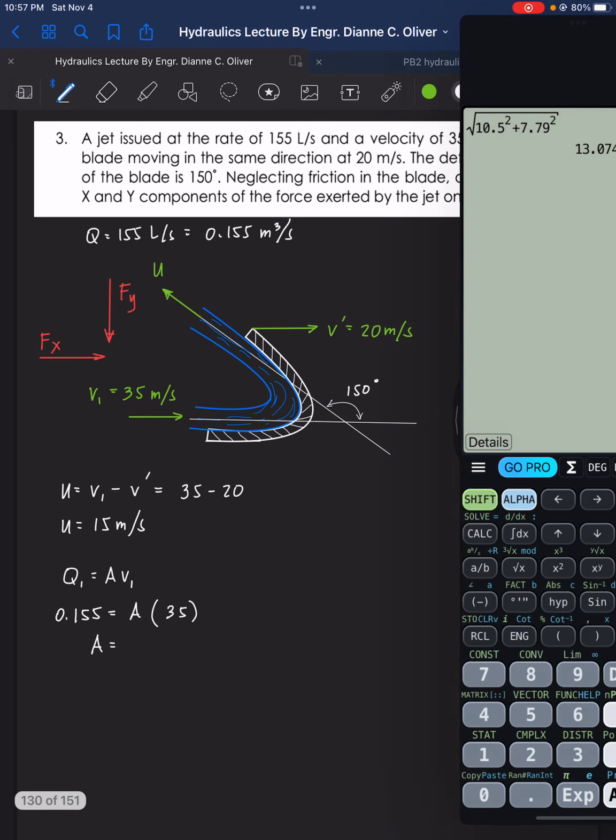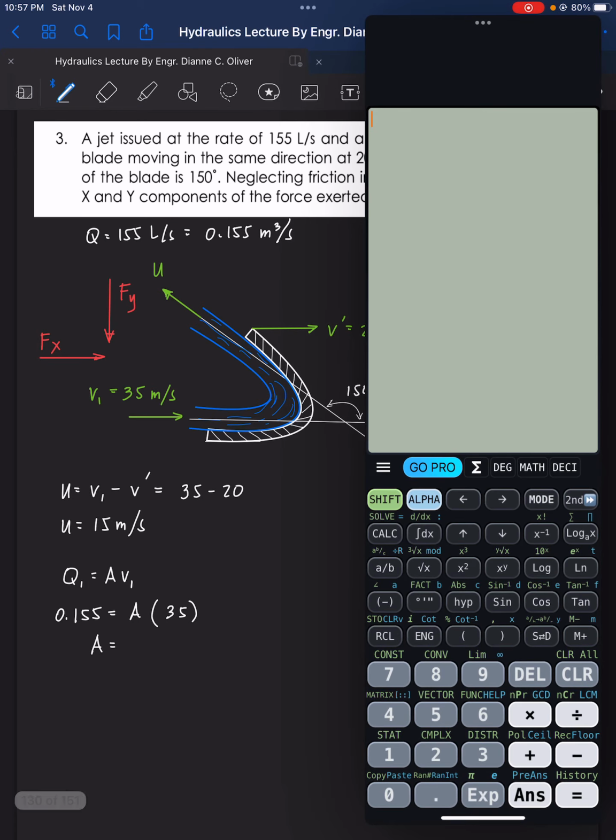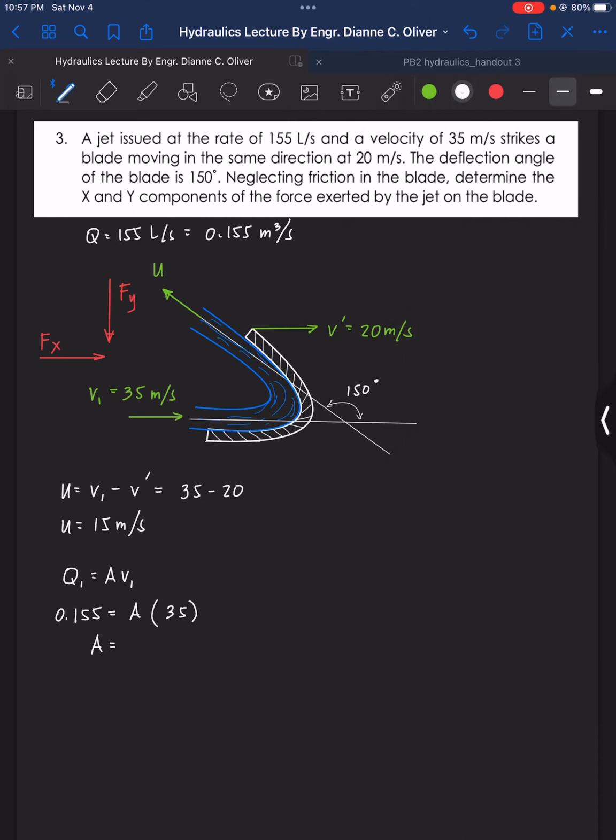So area is now equal to 0.155 divided by 35, that is 0.0044 square meters.